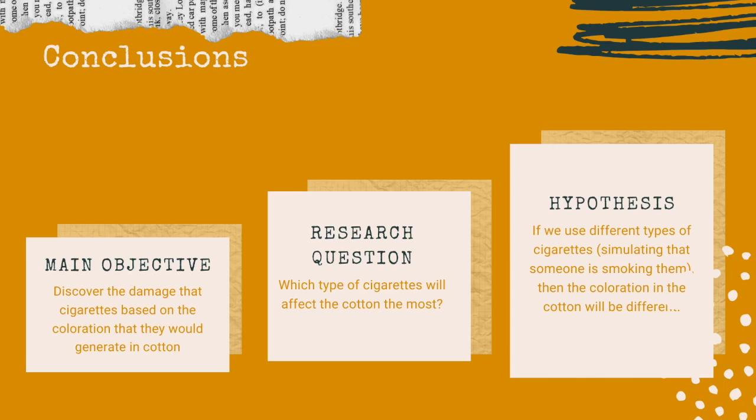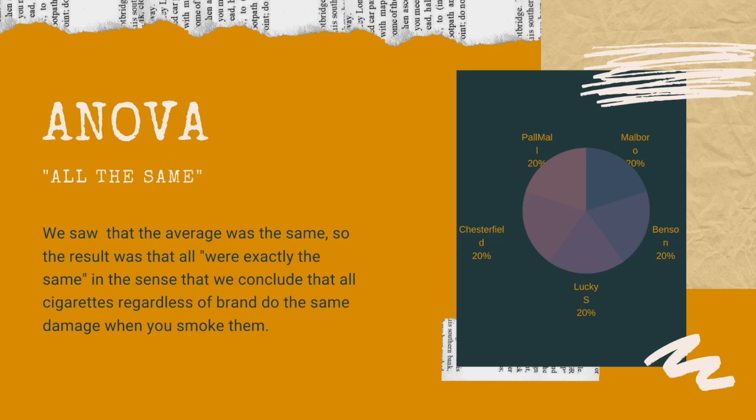And in this way, we started the experiment, simulating with a machine that someone is smoking these cigarettes. We take the coloration data for each brand every 2, 4, 6, 8, and 10 cigarettes, as I mentioned, and we use the yellow color scale and we put a number to each color. We generate our ANOVA.